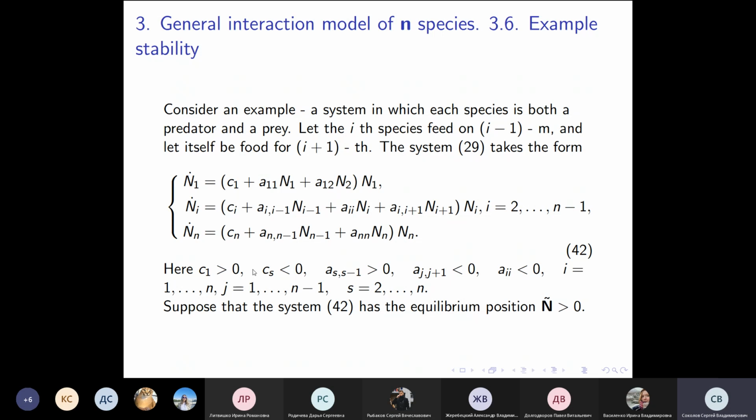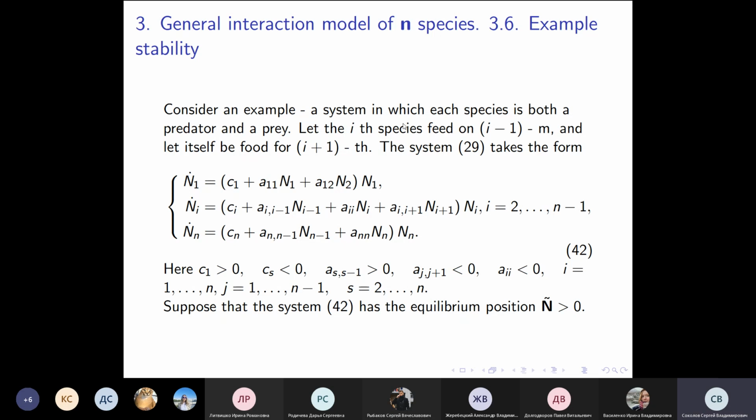And the last one is the total, the main predator, because it hunts n minus 1 species, the population n minus 1. So far, will this system be stable or not?